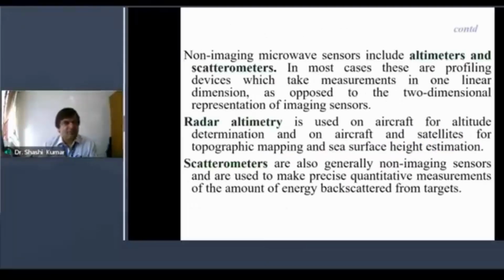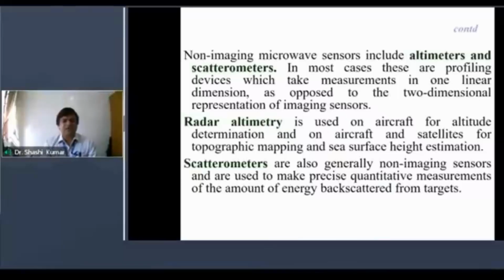Now we are coming to the non-imaging microwave sensors. Non-imaging microwave sensors include altimeters and spectrometers. Generally, altimeters and spectrometers are profiling devices which take measurements in one linear dimension, as opposed to the two-dimensional representation of imaging sensors. Radar altimetry is used on aircraft for altitude determination, and on aircraft and satellite for topographic mapping and sea surface height estimation.